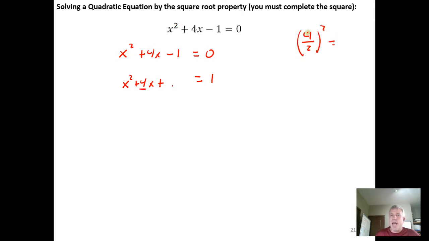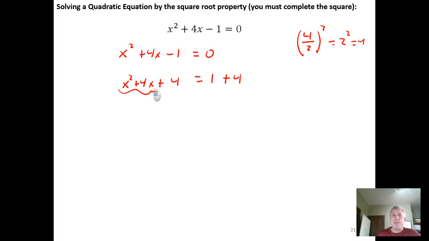So I'm going to take half the coefficient on the x term and square it, which is going to give me a 4. And then I'm going to take this area and add it on to complete the square. And I can't just add something to one side without adding it to the other, so now I'm going to add 4 to the other side.